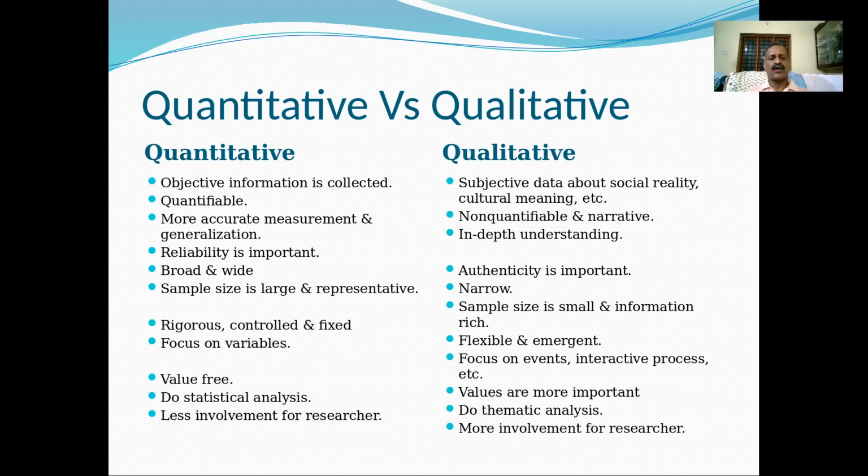And the third difference is that the quantitative approach gives more accurate measurement and generalization. It's a clear-cut measurement. For example, if you measure temperature, take a pulse rate, or take the microbial count in culture media, these are all accurate measurement and generalization. Whereas in the qualitative study, an in-depth understanding is done.